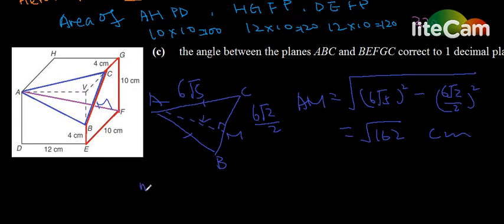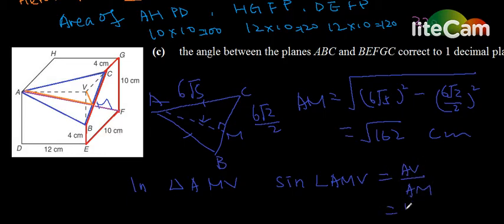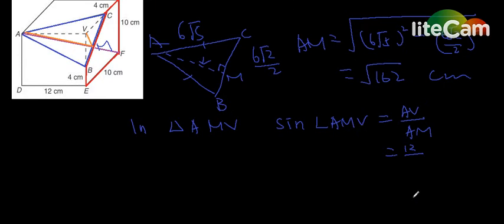And here in the triangle AMV, we use the sine formula, sine of angle AMV is equal to AV over AM. And we have 12 over square root of 162. And we can find the angle AMV.